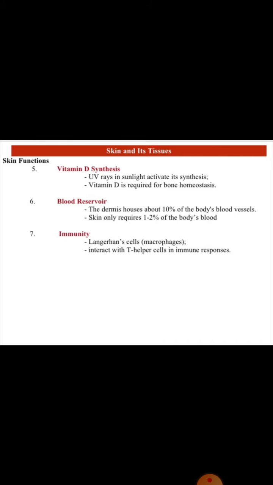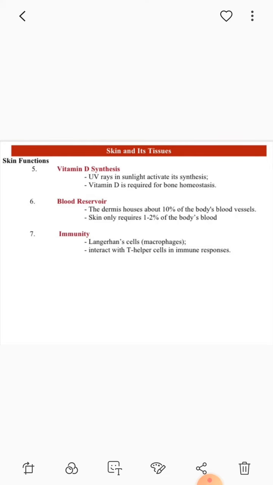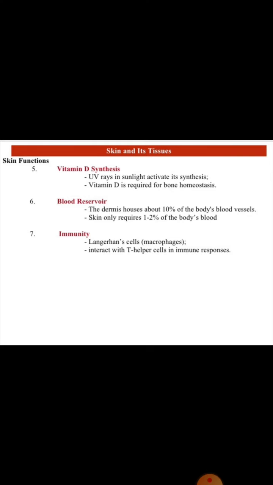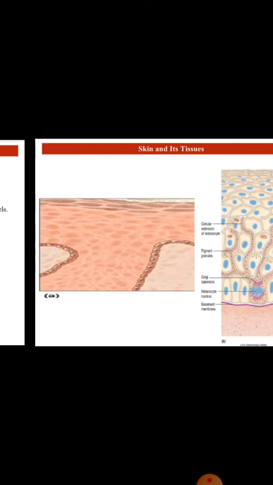Then immunity. It provides immunity, that is Langerhans cells and macrophages that fight against the antigens, then interact with T helper cells of the immune response. It also helps T helper cells to create immunity in the skin and its tissues.